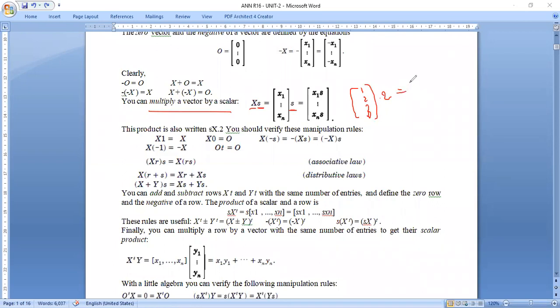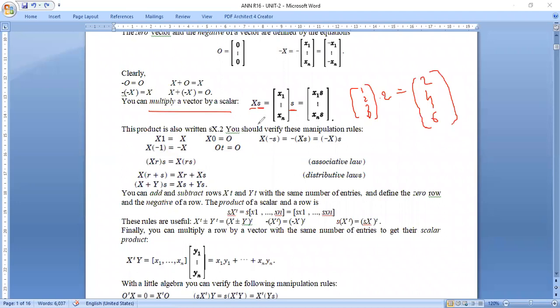You will get x1 into s, 1 into 2, 2; 2 into 2, 4; 3 into 2, 6. This is the resultant vector you finally get.